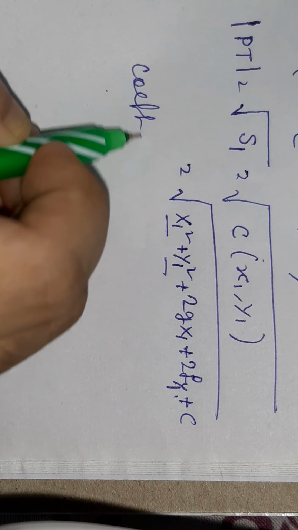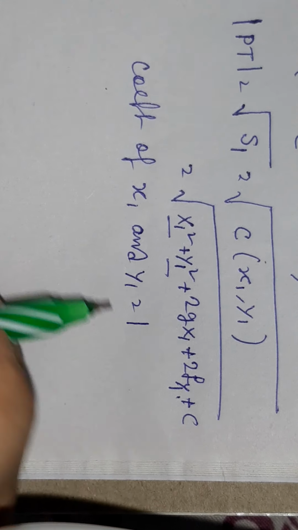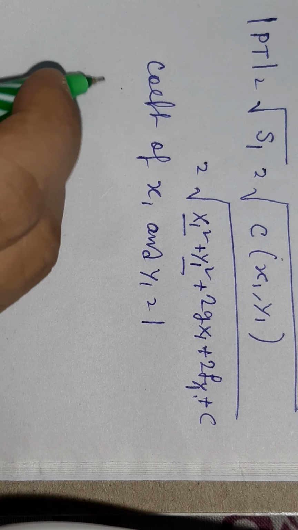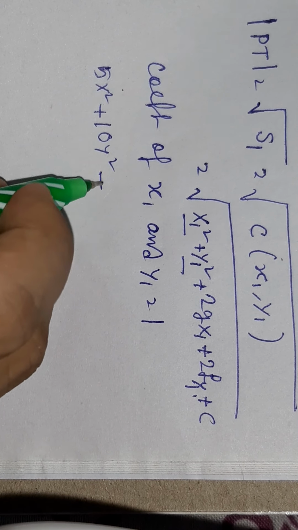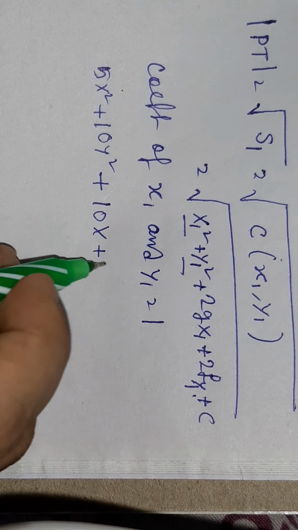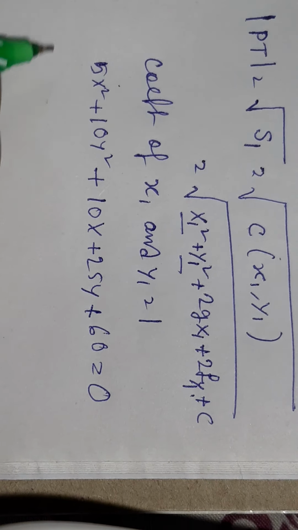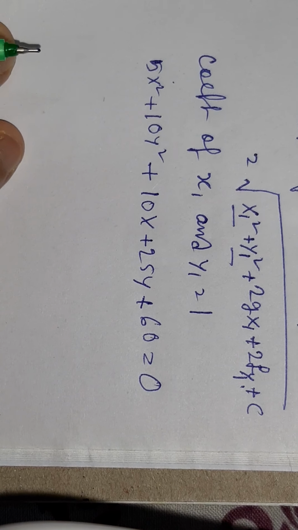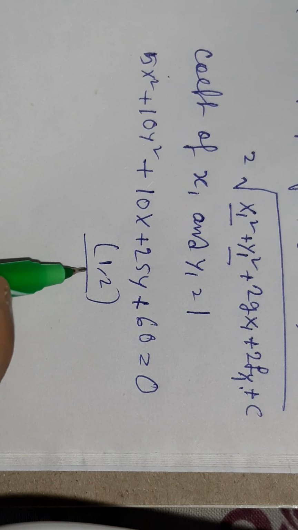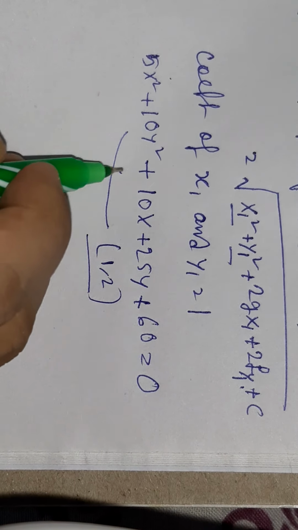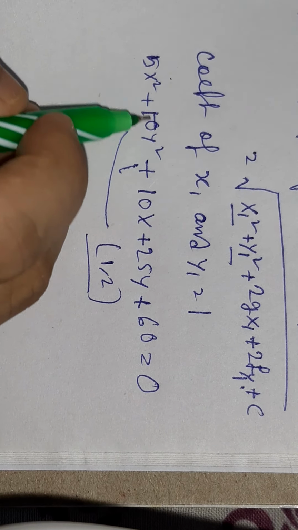For example, if the equation of the circle is 5x square plus 5y square plus 10x plus 25y plus 60 equals 0, and the point from which the tangent is generated is (1, 2), then we can't put 1 and 2 directly in x and y, because the coefficient is 5.